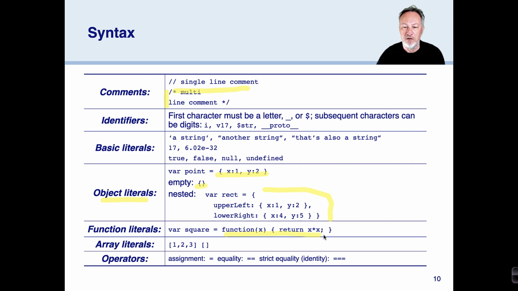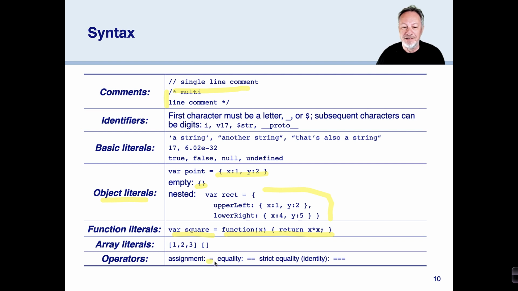So this is the notation for a lambda. Here we define a variable square, which is equal to a lambda function of x with the body that computes and returns x times x. Array literals are uncontroversial. And we also have, interestingly, three equals operators.